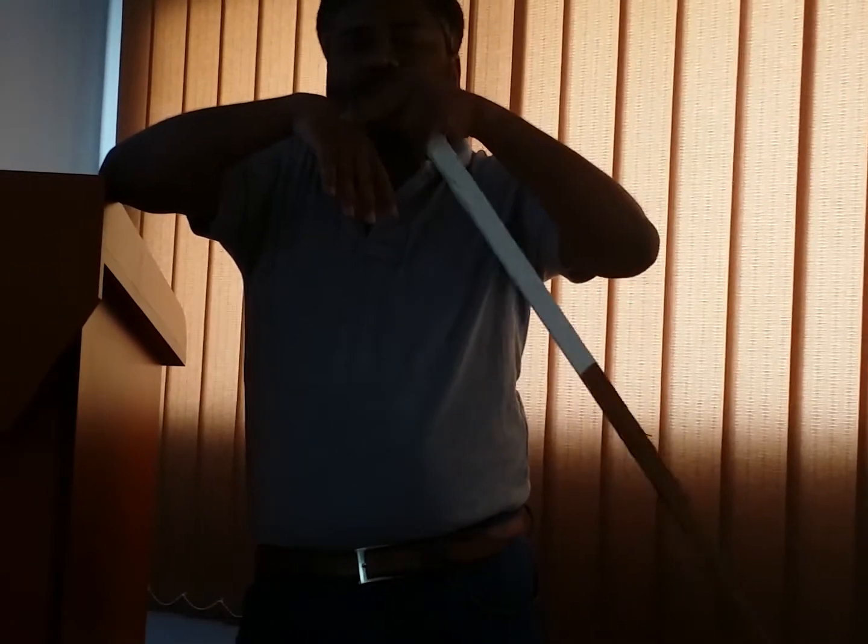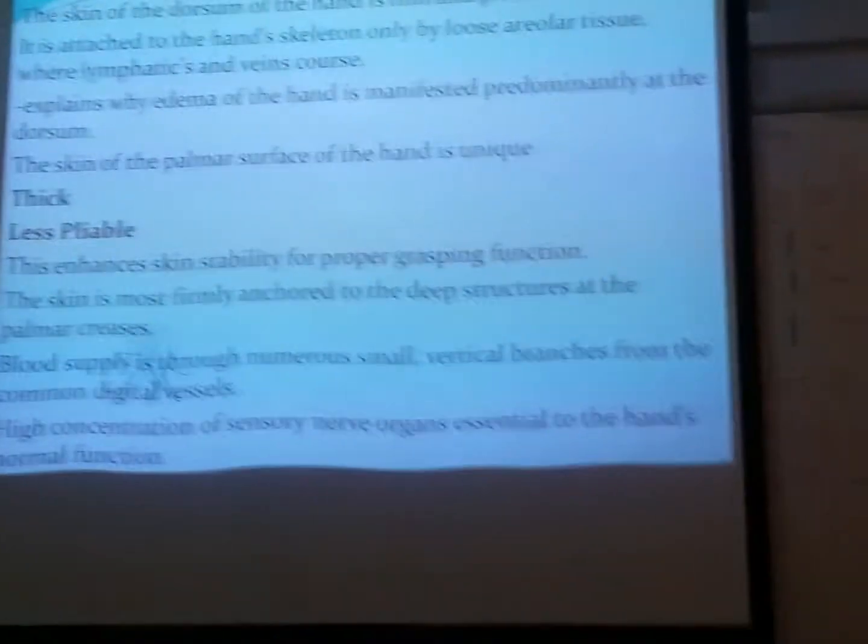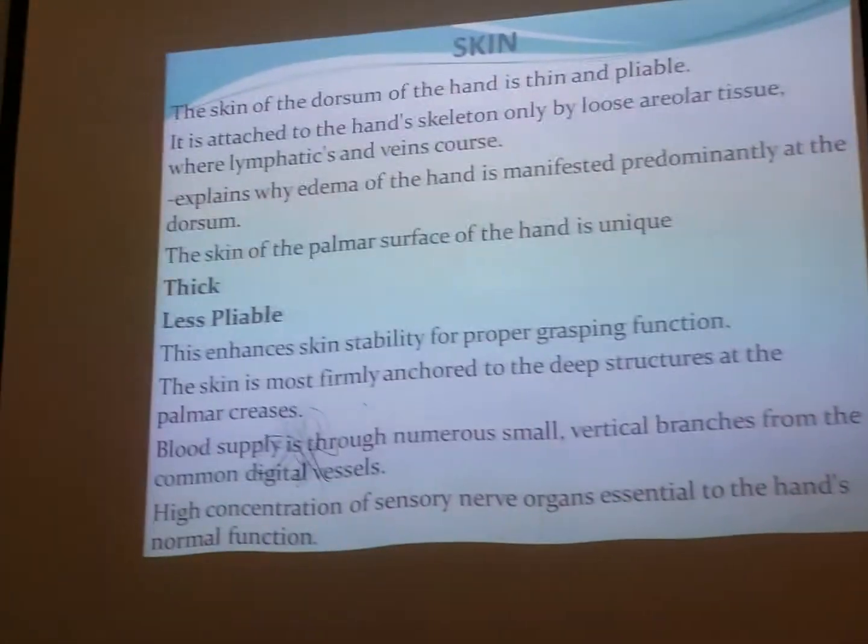So to prevent that, all the superficial veins are shifted to the dorsum. Similarly in the foot, they are on the dorsum of the foot rather than the sole, because you will be walking, continuously bearing weight on the sole. There is no chance for the venous blood to drain, because the veins will be compressed. So to avoid that, there is absence of superficial veins in the palm as well as the sole. They are shifted to the dorsum. So that is the slide explaining the skin.